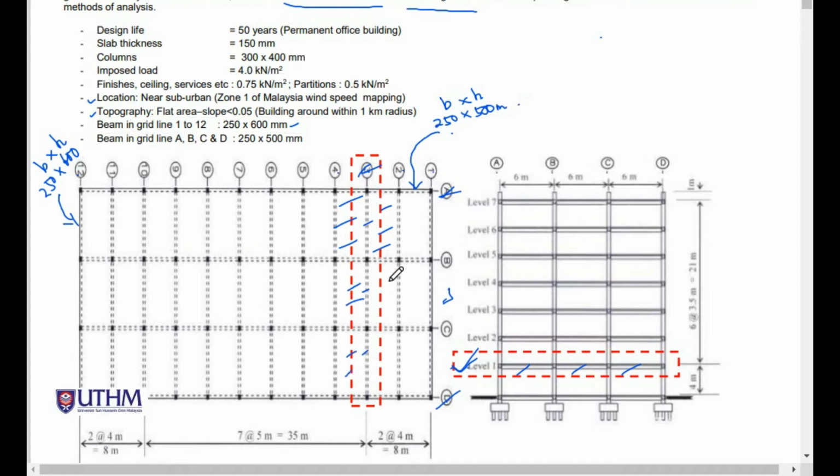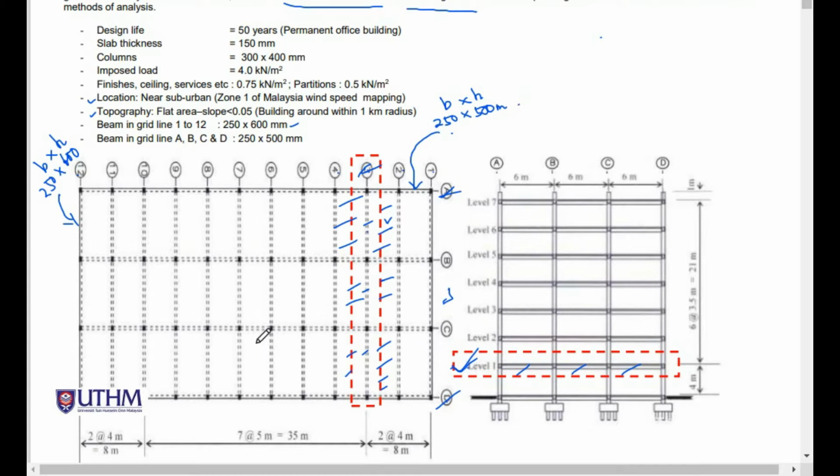Even though for frame analysis the 2D view only has beam and column, please take note that the beam here receives load from the slab. Load on the slab will be transferred to the beam, depending on the one way or two way determination.